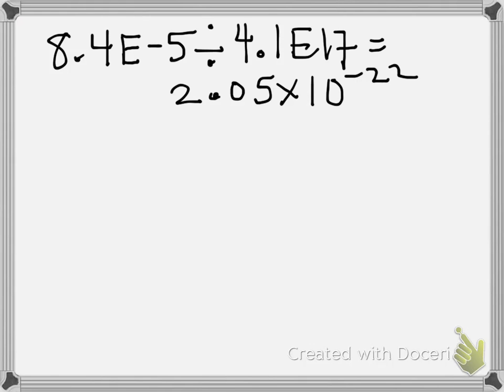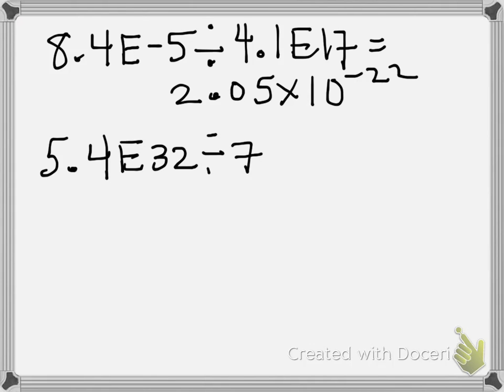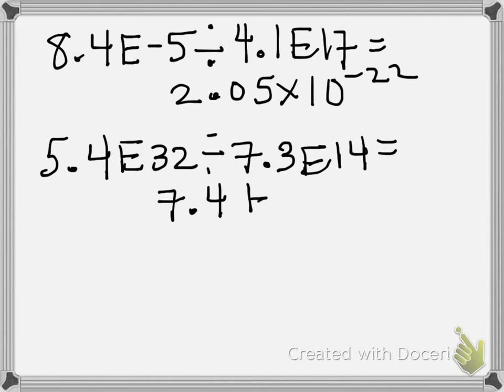And for letter B, 5.4 E32 divided by 7.3 E14. You should get an answer of 7.4 times 10 to the 17th power.